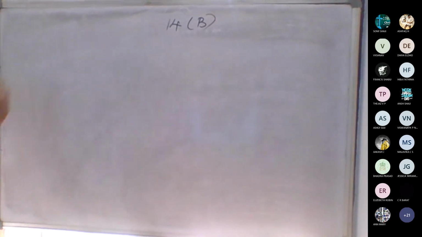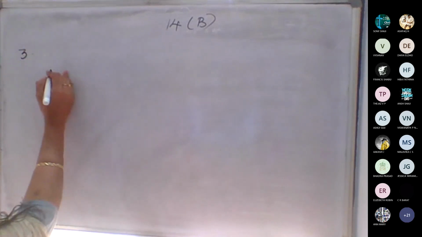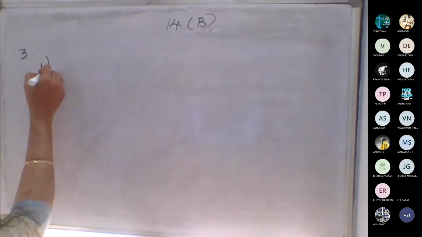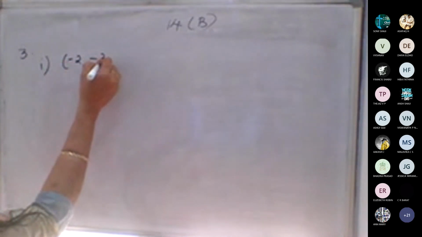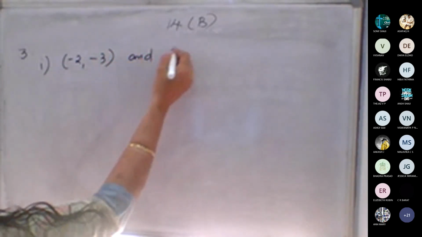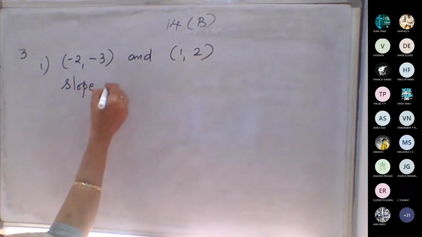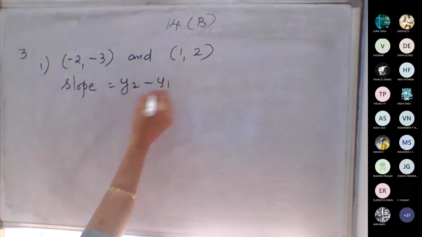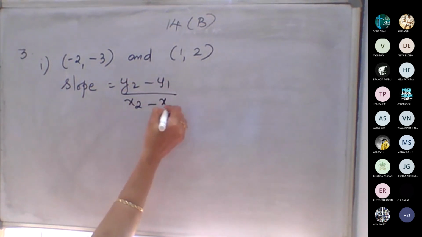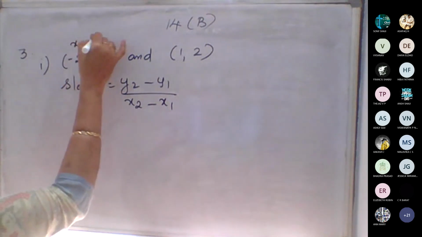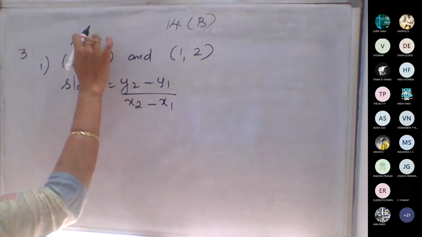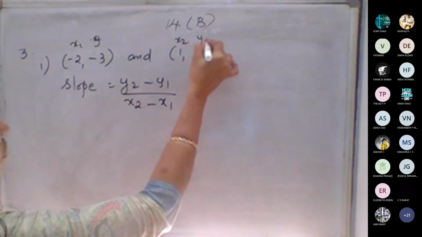Find the slope of the line passing through the following pairs of points. First one, -2, -3 and 1, 2. So slope is equal to y2 minus y1 divided by x2 minus x1. Here write x1, y1. Here x2, y2.